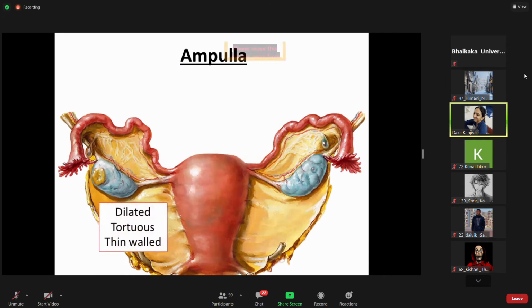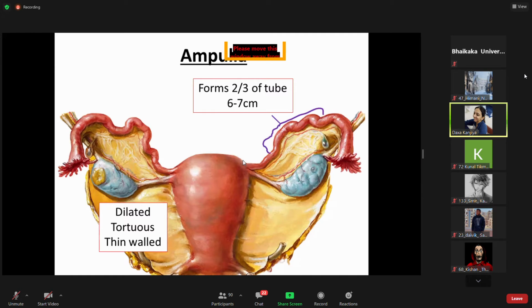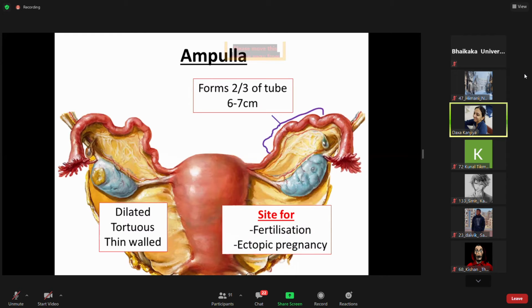Next to it is the ampulla, the portion which lies medial to the infundibulum. It is a dilated, tortuous, and thin-walled portion. It is around 6 to 7 centimeters long, and forms two-thirds of the uterine tube. So the longest part of the uterine tube is the ampulla, and it is the site for fertilization.